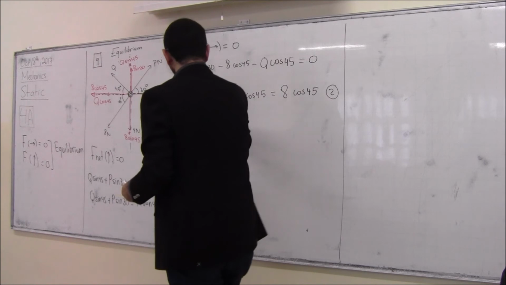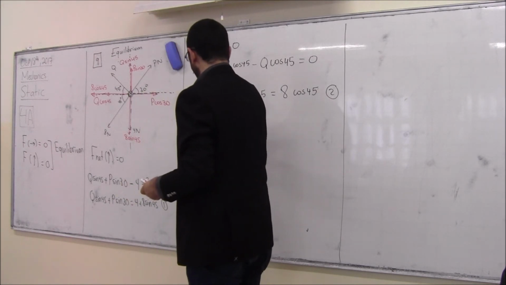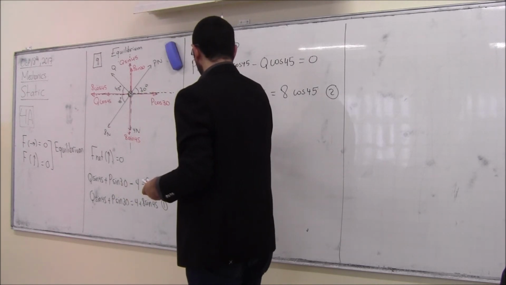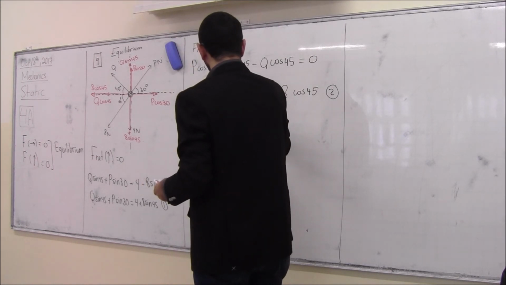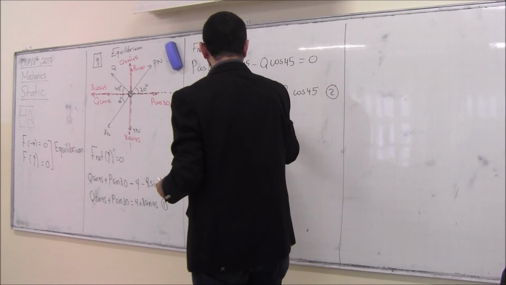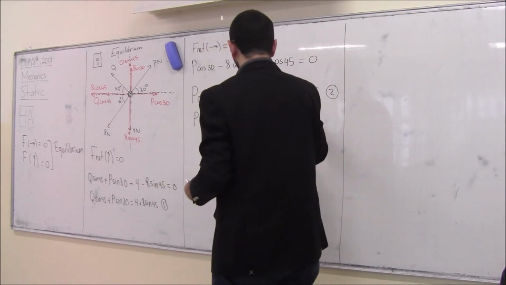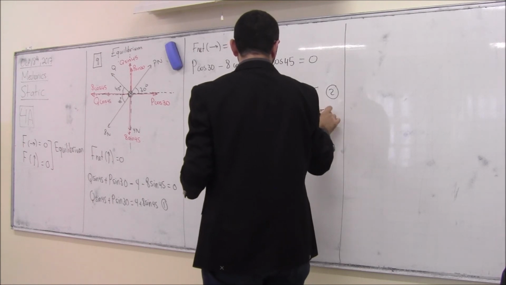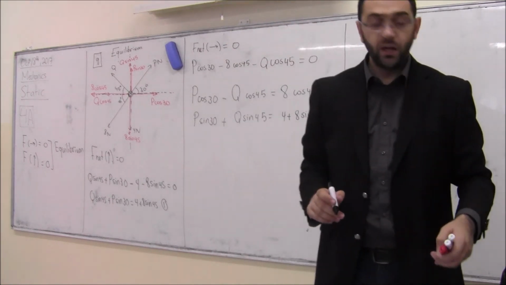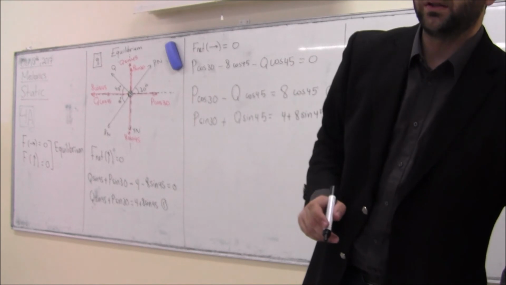I will write equation number 1 here: P sine 30 plus Q sine 45 equals 4 plus 8 sine 45. How can I solve these equations?